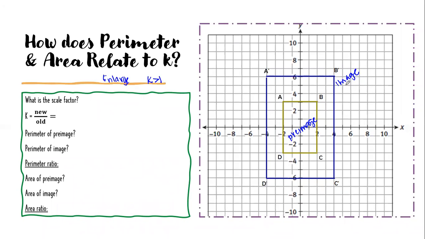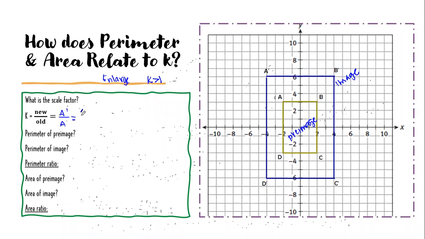All right. So let's find it. What letter y'all want to use? A, B, C, or D? A. All right. So we're going to do A prime over A. All right, so A prime is at the X value is -4, 6.